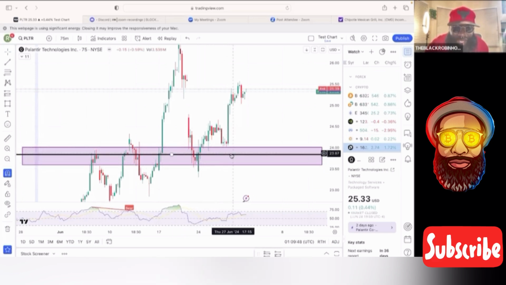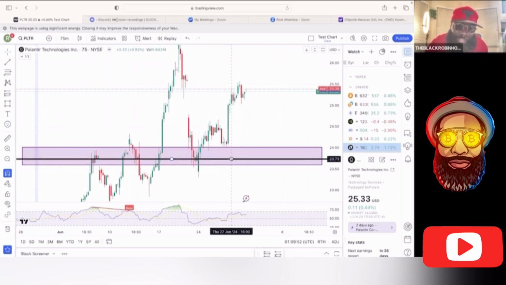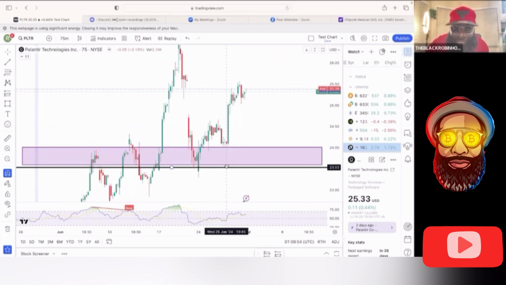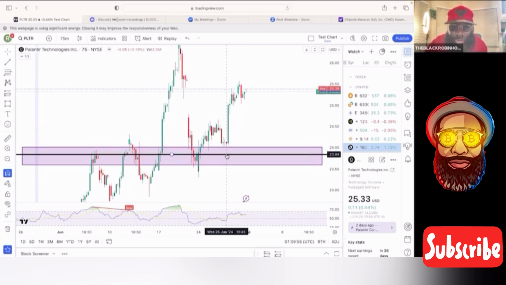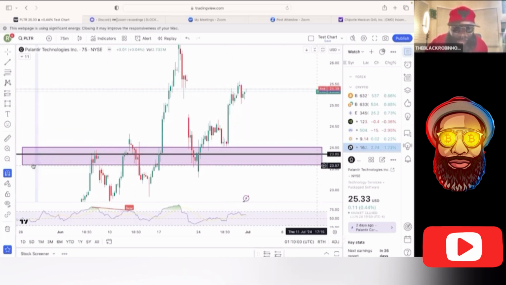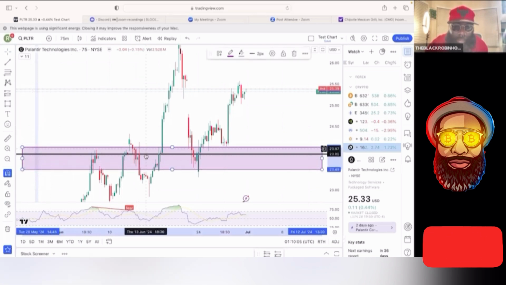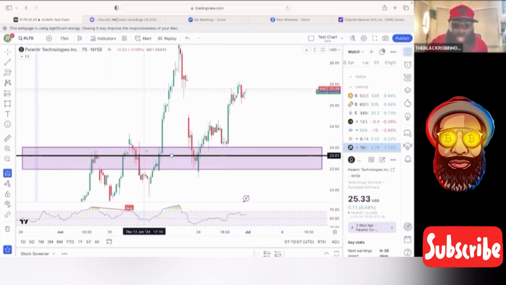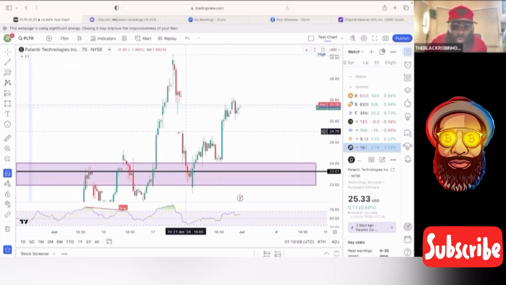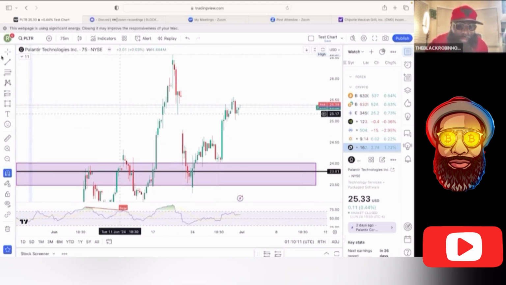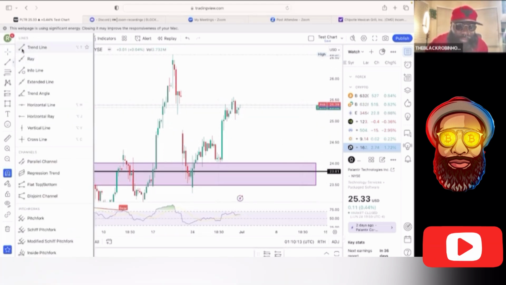It's not necessarily 23.85 or 23.73 or 23.50. It's a zone. So anywhere within this vicinity, anywhere here is a good or was a good area to buy, because this is what happened.